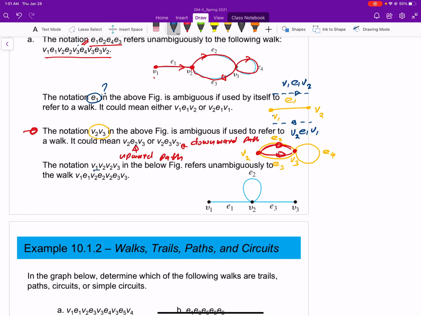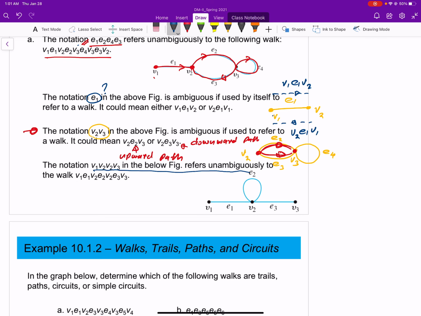Again, the notation V1, V2, V2, V3 in the above figure refers unambiguously to the walk V1, E1, V2, E2, V2, E3, V3. Let me show that.